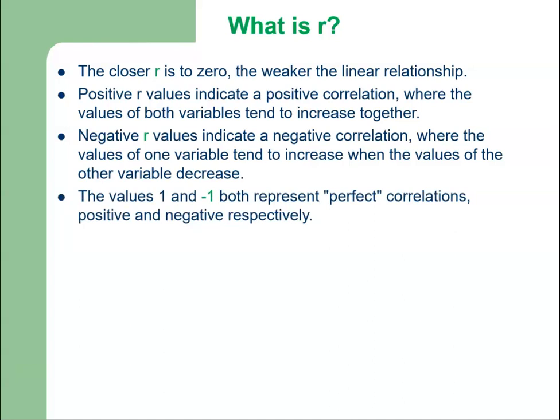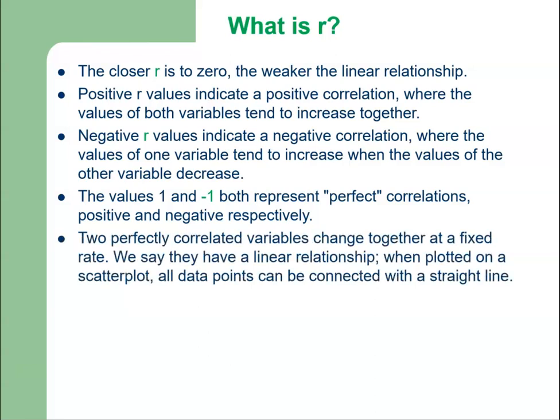The values 1 and -1 both represent perfect correlations, positive and negative respectively. That is, when the r value is equal to 1, then there is perfect positive correlation between x and y. When r is equal to -1, then there is perfect negative correlation between x and y. Two perfectly correlated variables change together at a fixed rate.